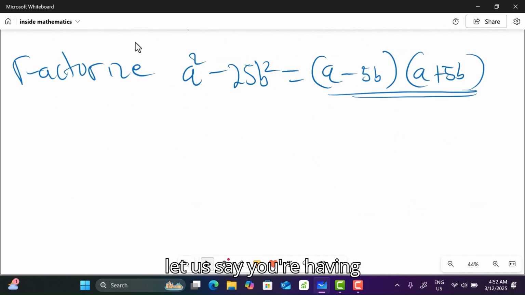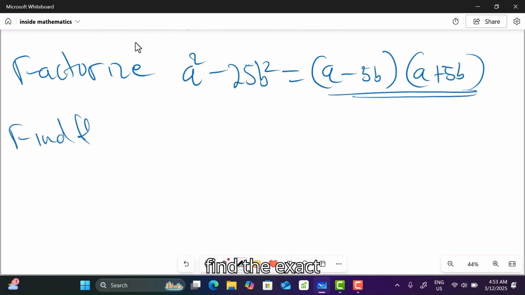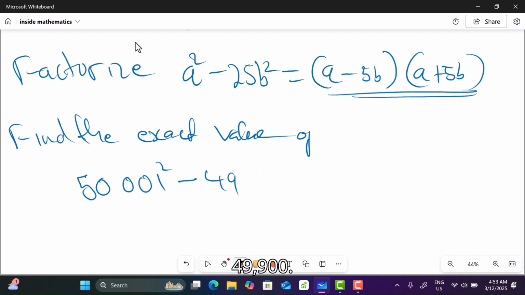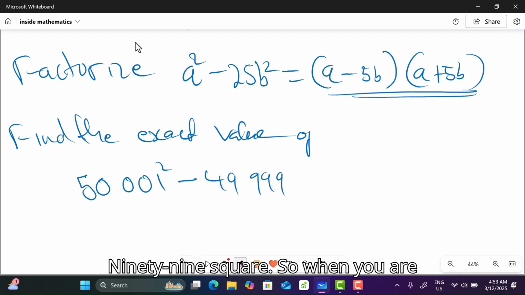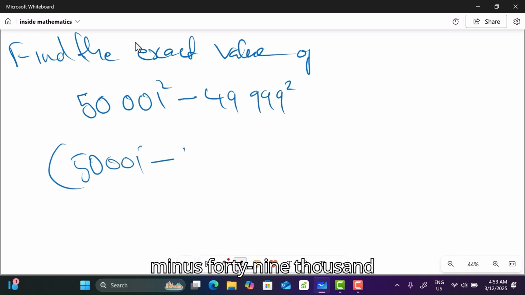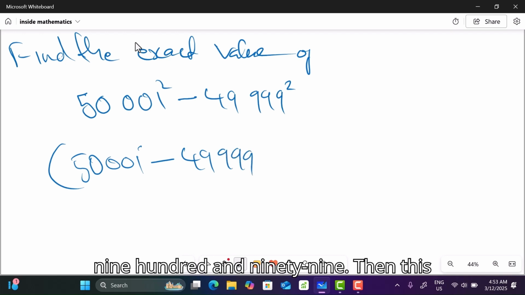Now, let us say you are having numbers. A question might say find the exact value of 50,001 square minus 49,999 square. So when you're applying difference of two squares in such questions, you just put bracket 50,001 minus 49,999.